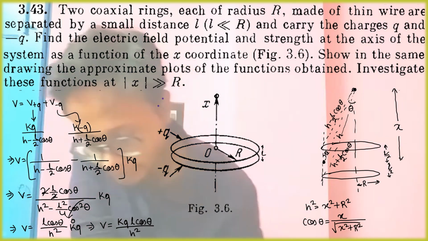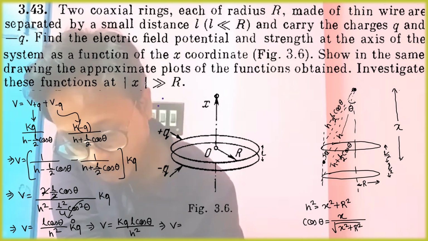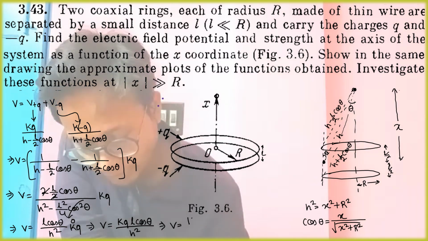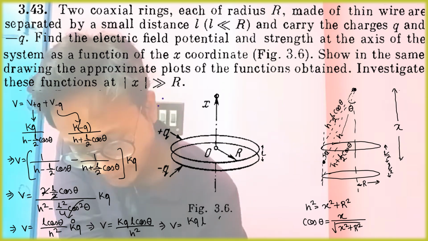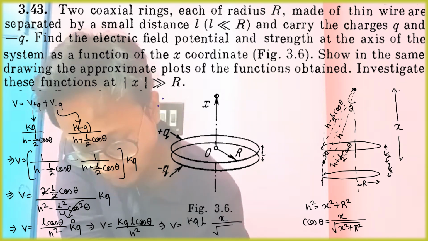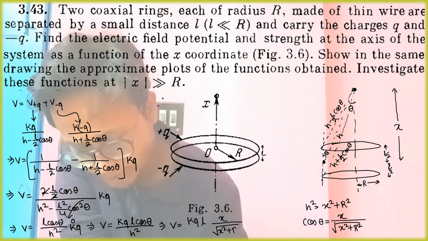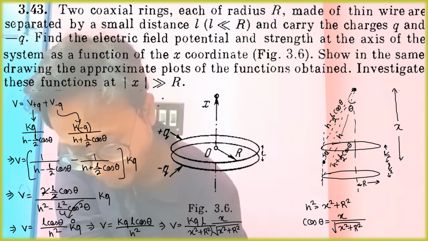Now, if I substitute those terms out here, potential at point x is equal to kql. What is the value of cos theta? x by under root of x square plus r square, into h square. What is the value of h square? x square plus r square, isn't it?